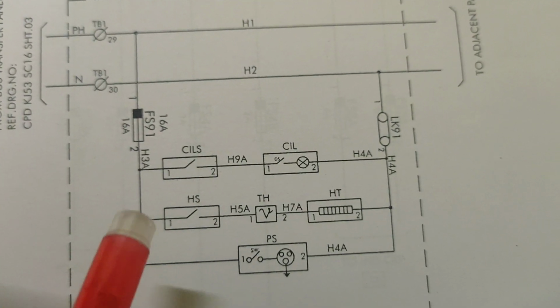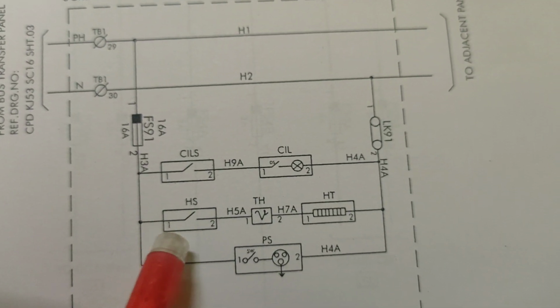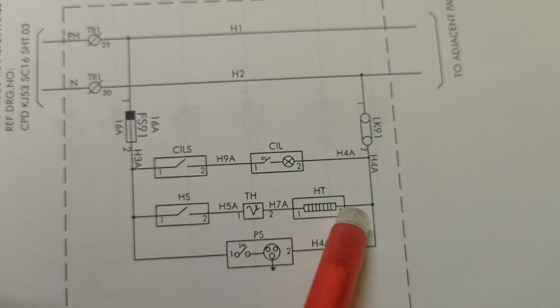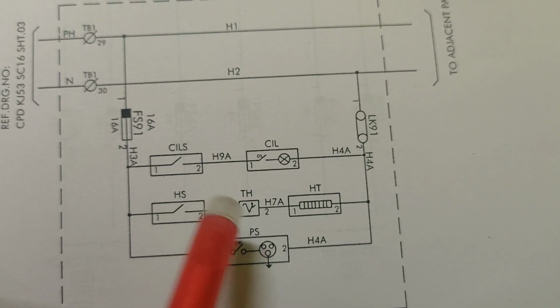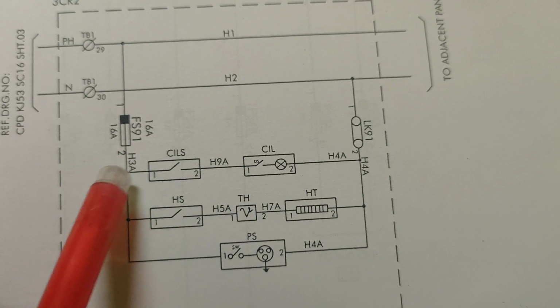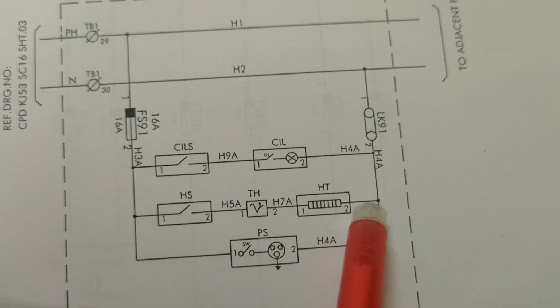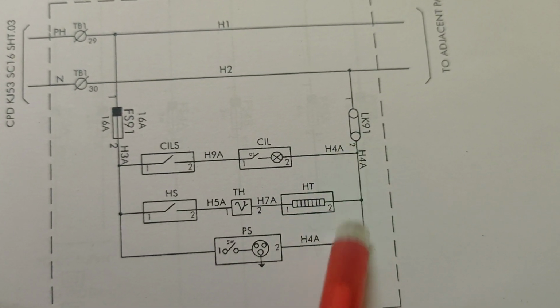Here the same procedure applies. Here HS is the switch for heater, thermostat, etc. Here we are using H3A, H5A, H7A, and here H4A to the neutral.